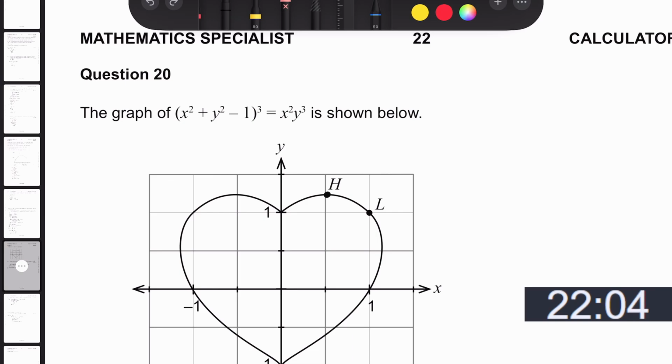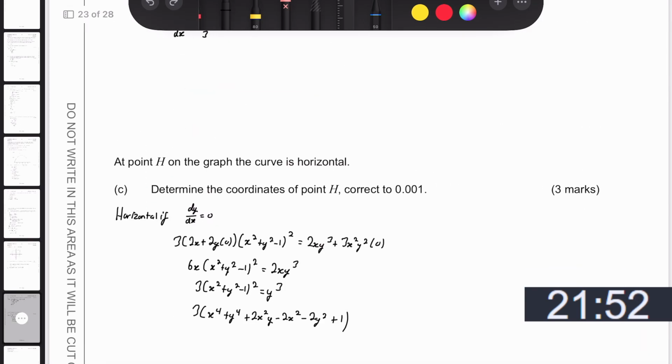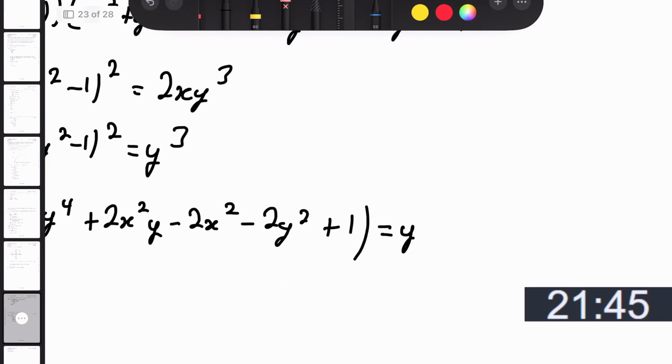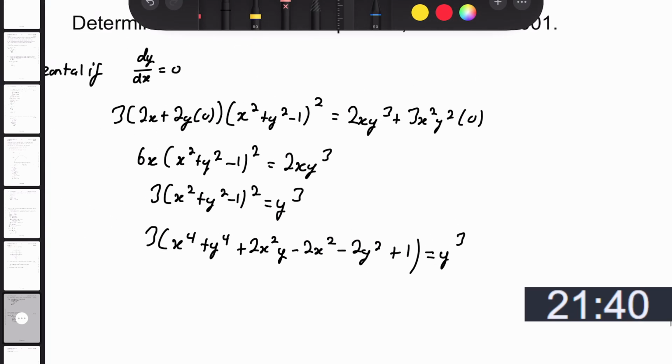So copy this bad boy. Solve. This equals to 0. Is that going to spit me out something nice? No, I don't think it will. Yeah, that is not nice at all.